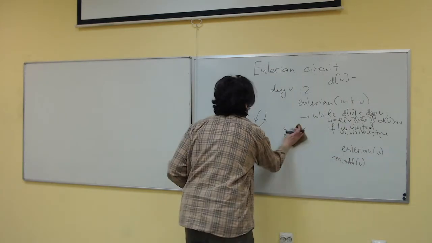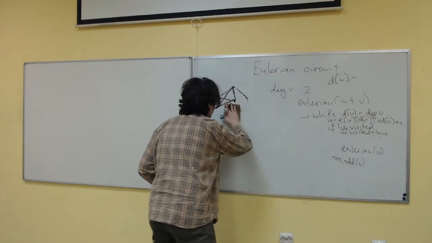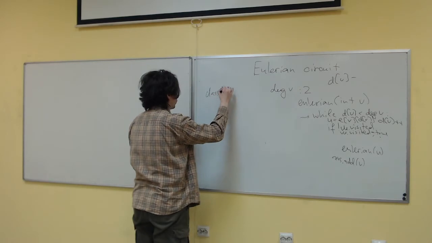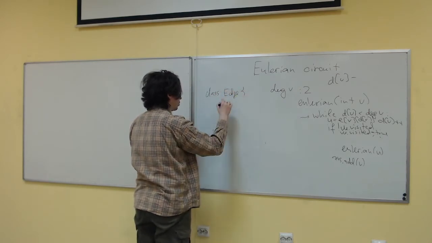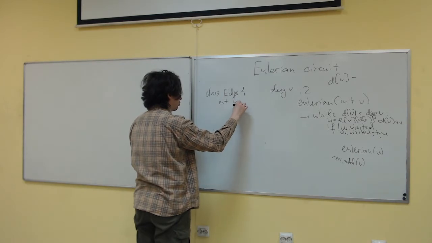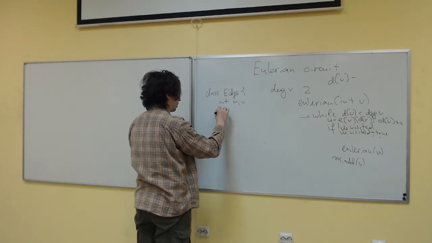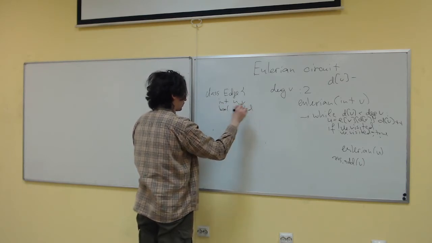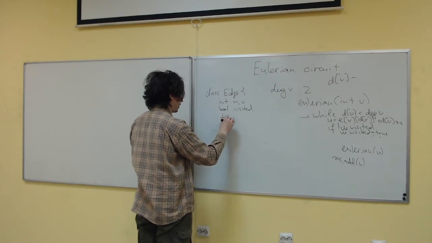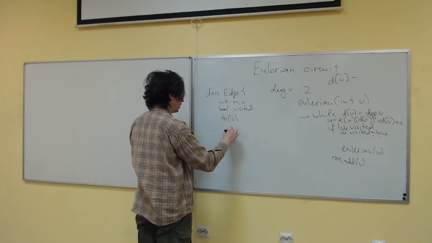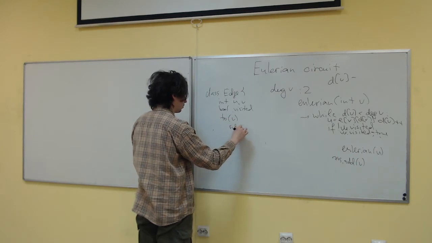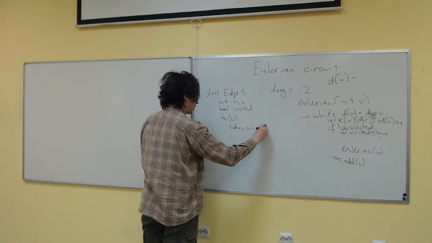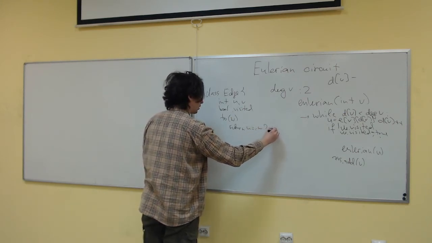So you will have an edge class which has int u, v, and then boolean visited, and then you write the function other, taking w: if u equals w, then return v, otherwise return u.